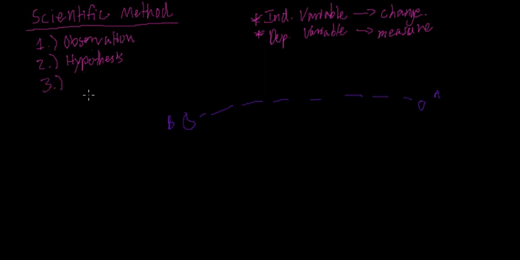Now, after you are done stating what you think will happen, you then experiment. Some people might use the term controlled experiment, and basically a controlled experiment has a control, which is a controlled variable added to the independent and dependent variable.